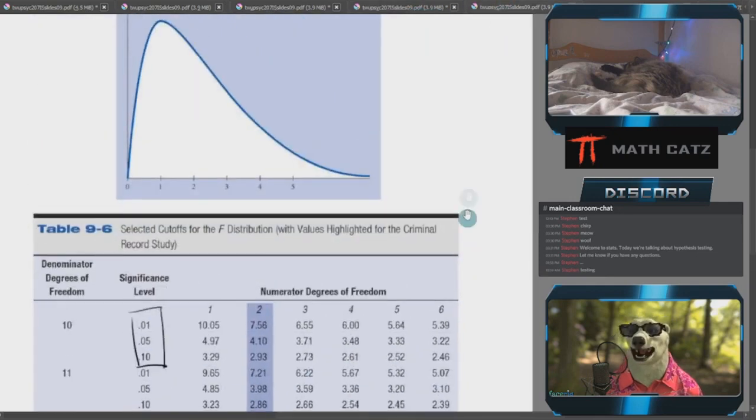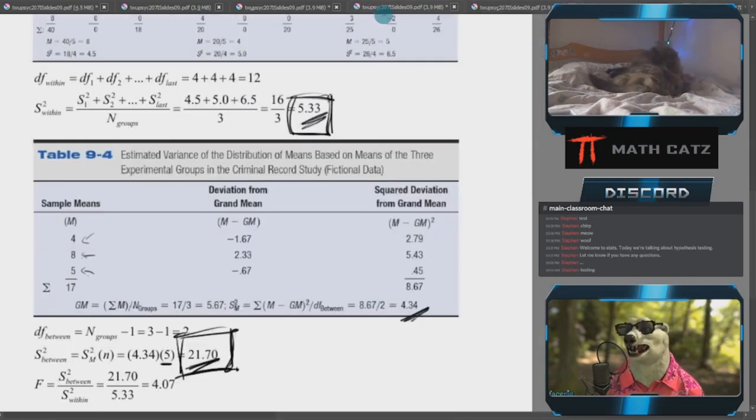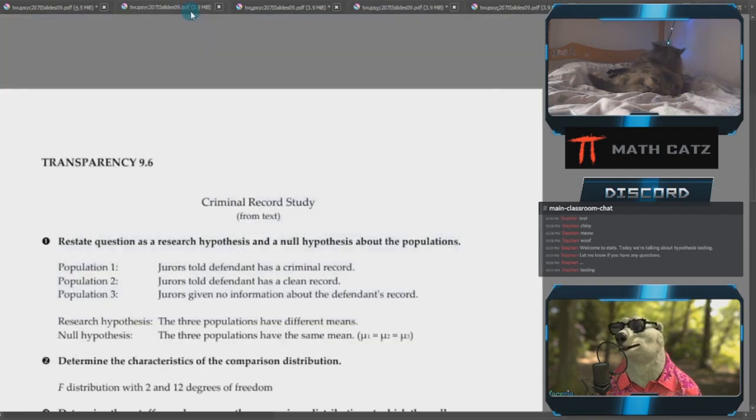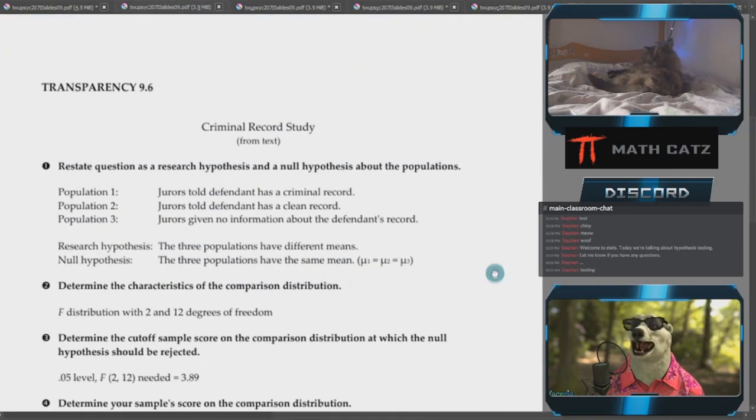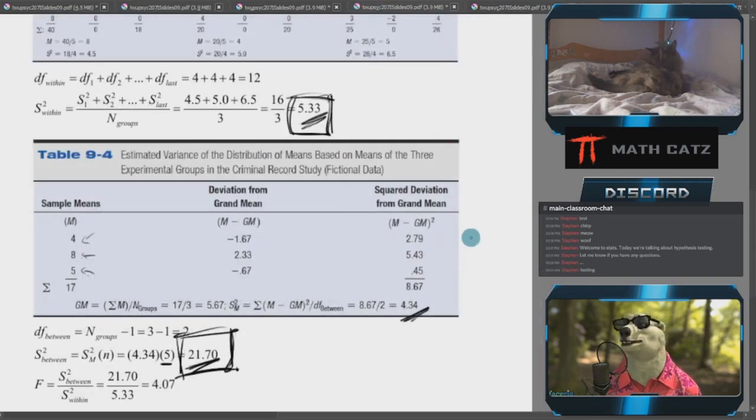So here is our F distribution. Now I think I have a picture of this. Let me just triple check. If we look at the degrees of freedom first, for the between groups, that's the numerator degrees of freedom.